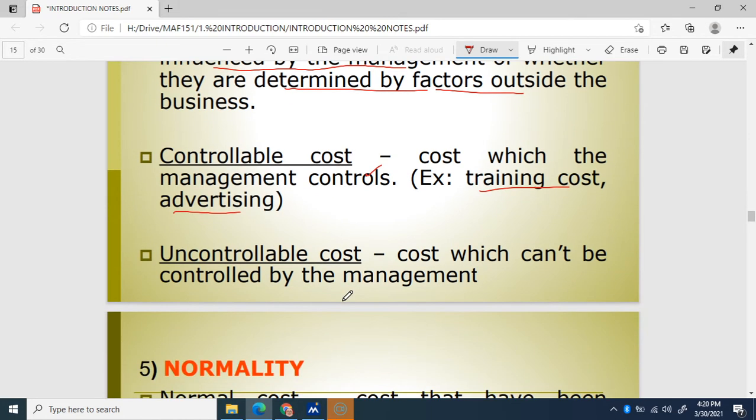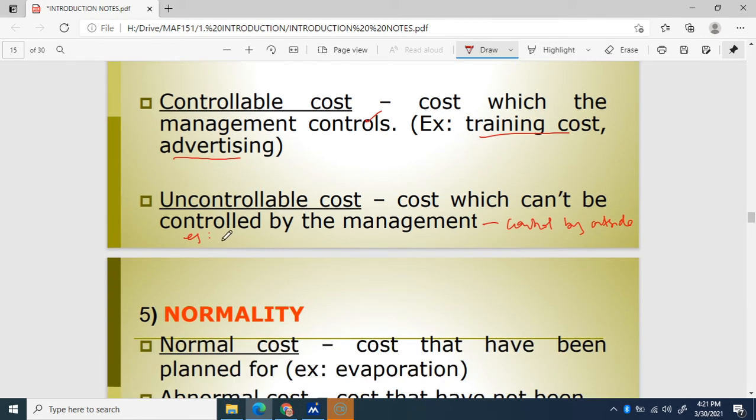An uncontrollable cost can't be controlled by management. It is normally controlled by outside. What are examples of costs controlled by outside? The price of material cannot be controlled by internal management.